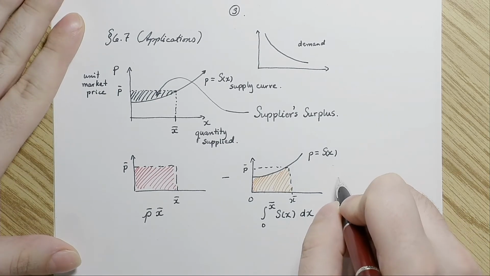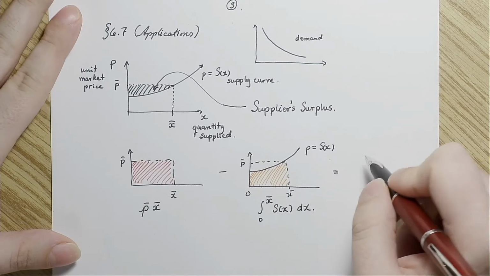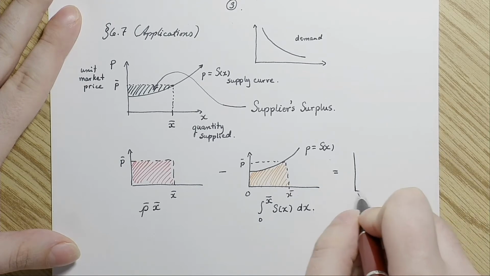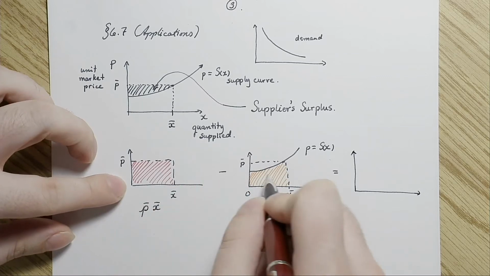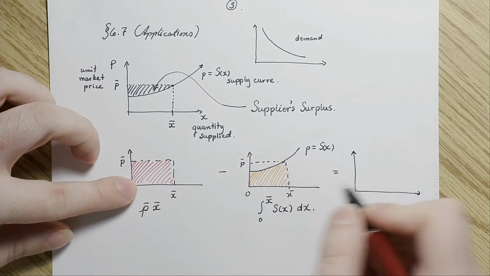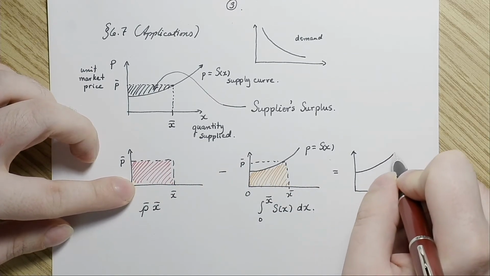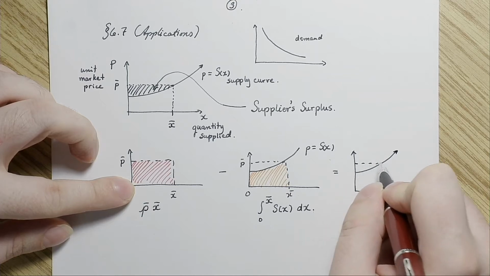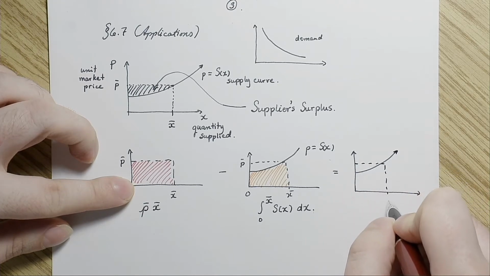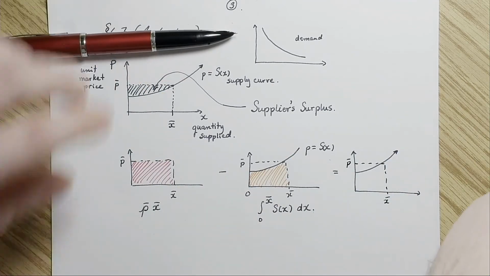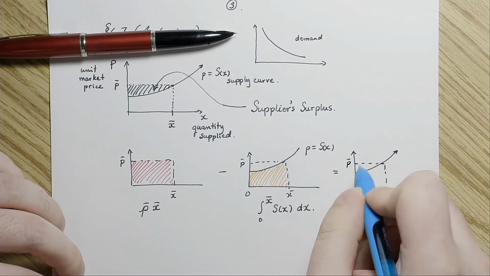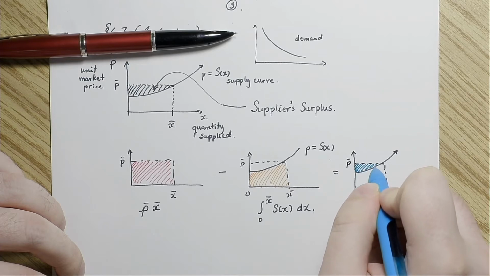When we do that, I have all this area, and then I remove this part here, which should leave me with just this area right here.